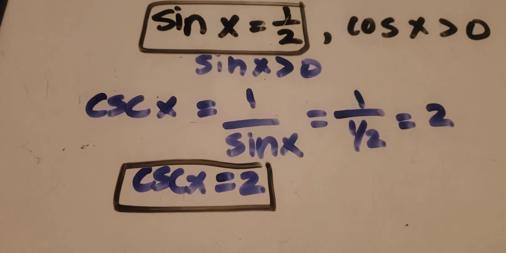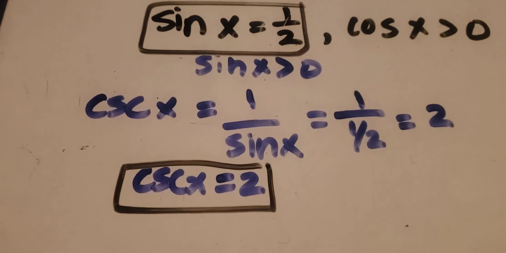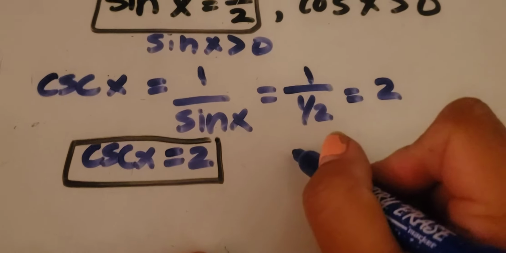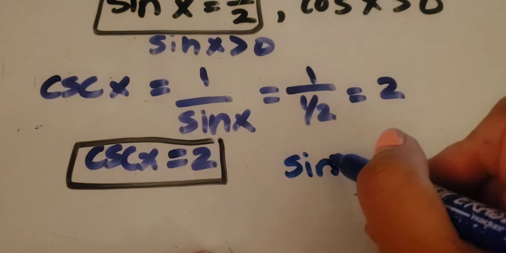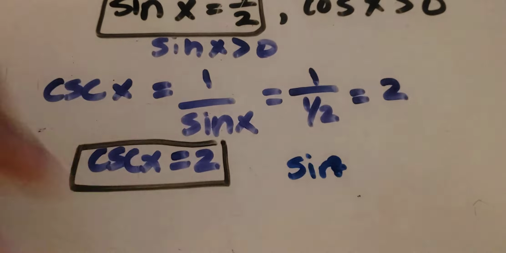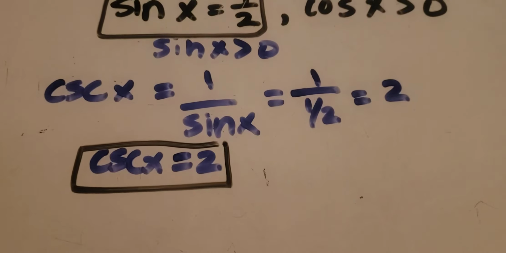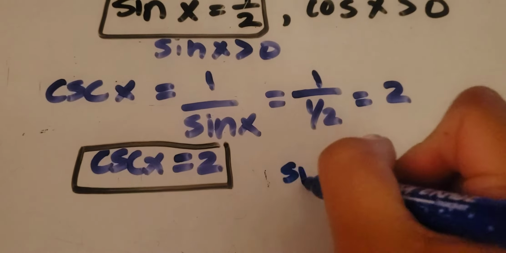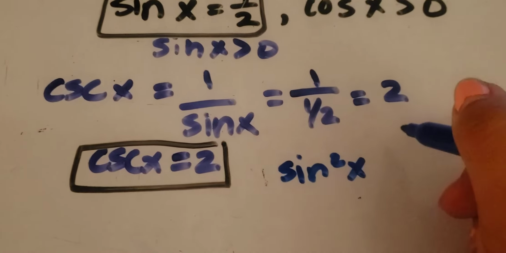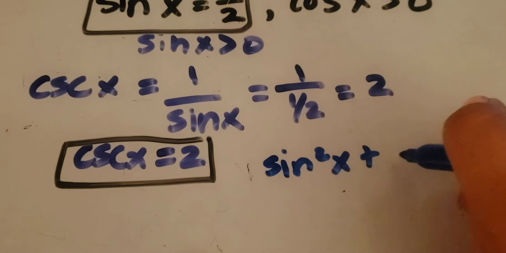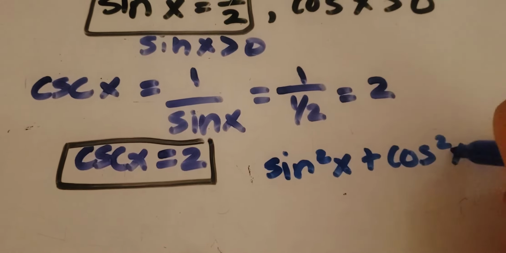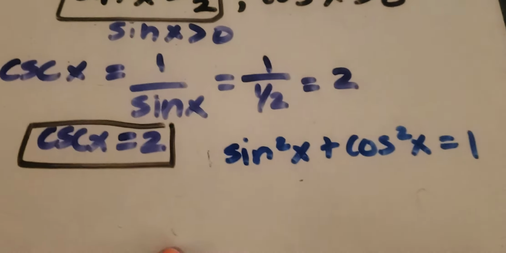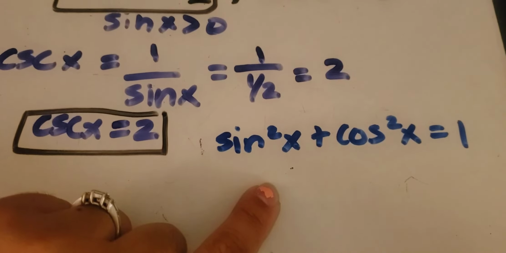I'm going to go with sine squared of x plus cosine squared of x equals 1. So this is one of the Pythagorean identities, okay?